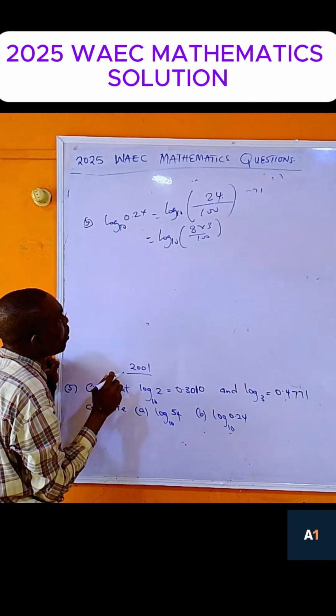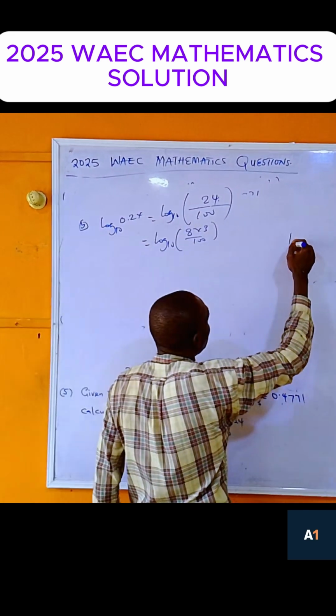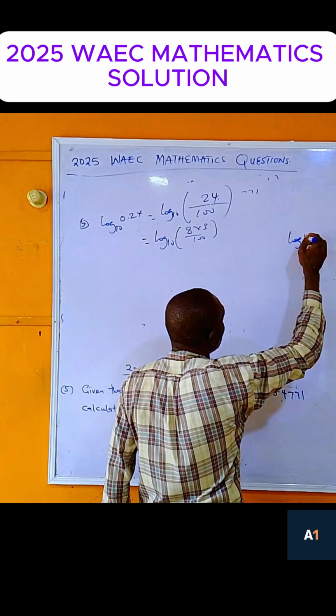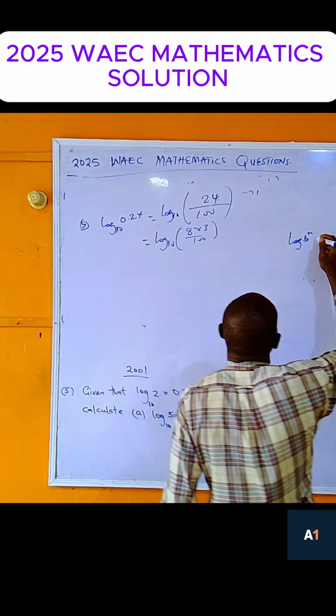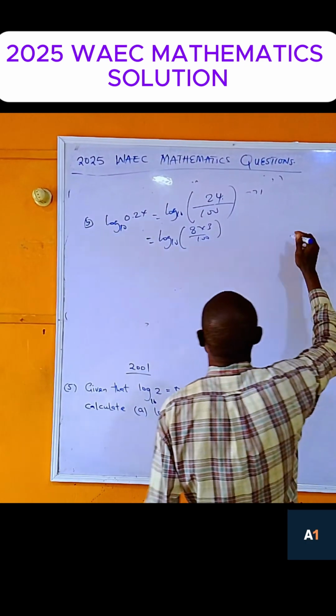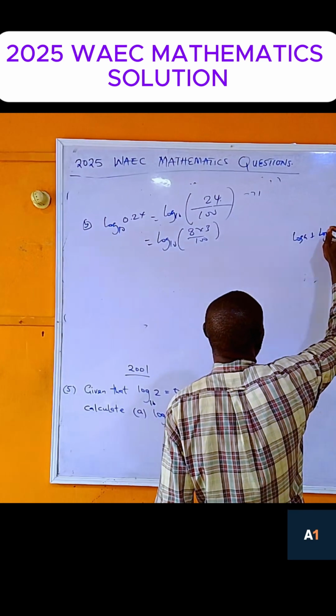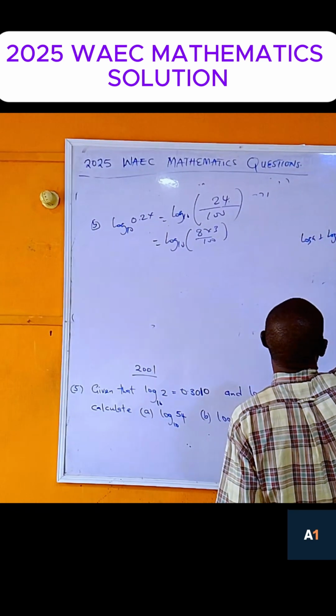Now what we now do is this. We now use the law of log that says log a b raised to power n is equal to n log. Okay, before I use that one, it will now be log a plus log b for this, then minus log c.